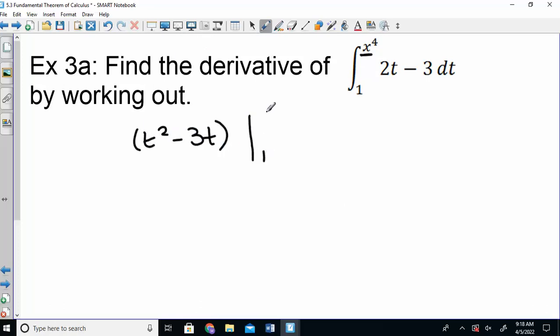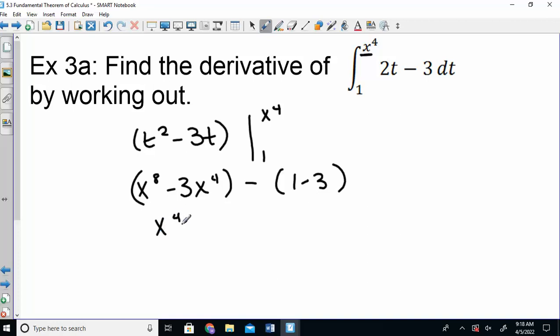And we're integrating from 1 to x to the 4th. So if you plug in an x to the 4th, x to the 4th squared would be x to the 8th minus 3x to the 4th. Minus, if you plug in a 1, you get 1 minus 3. So we get x to the 8th minus 3x to the 4th minus negative 2, so plus 2.